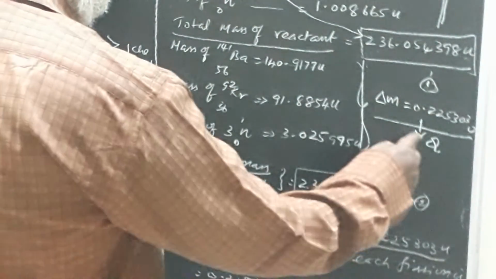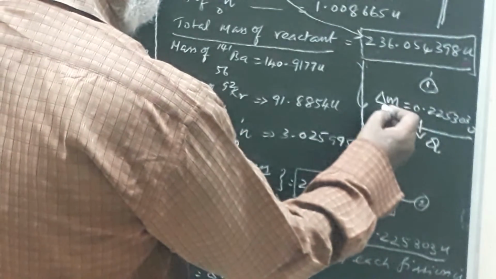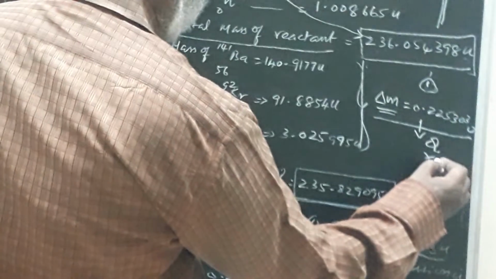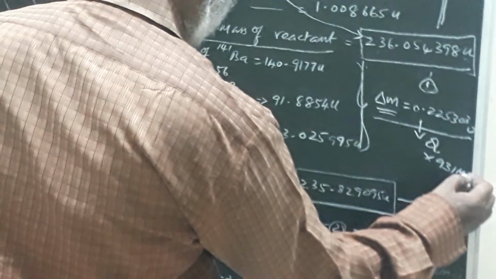This amount of mass defect will be converted into energy. If you want to find out how much energy is released from this mass, we have to multiply it by 931 million electron volt.